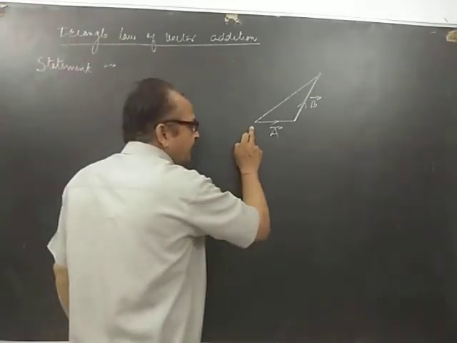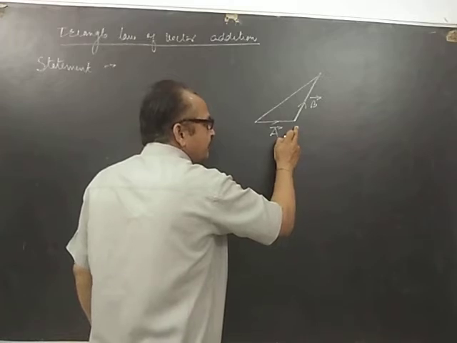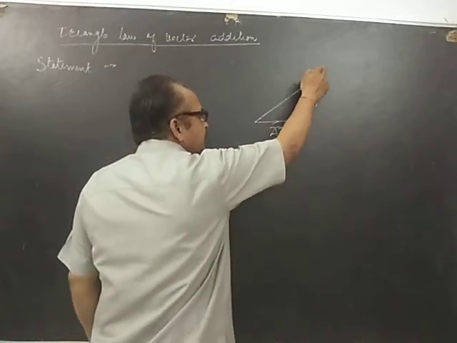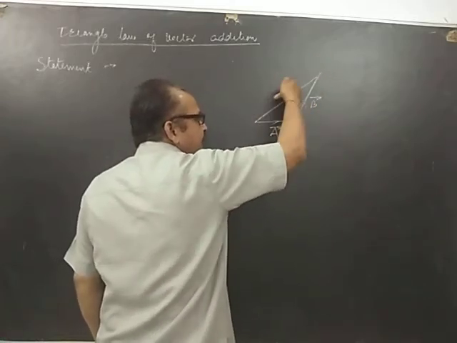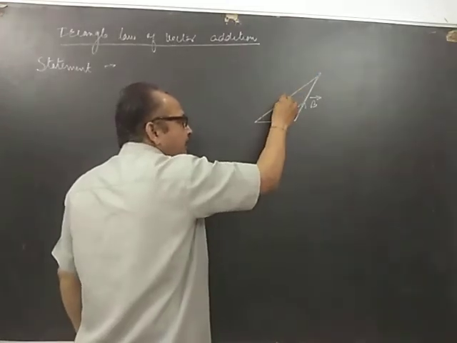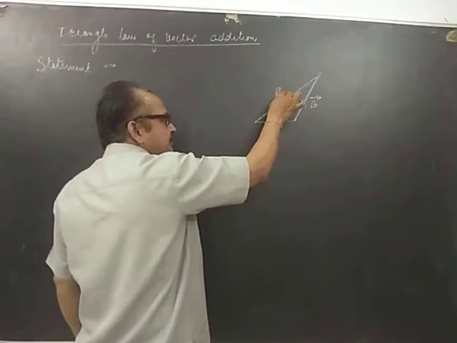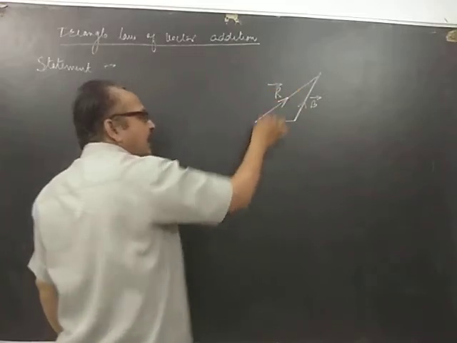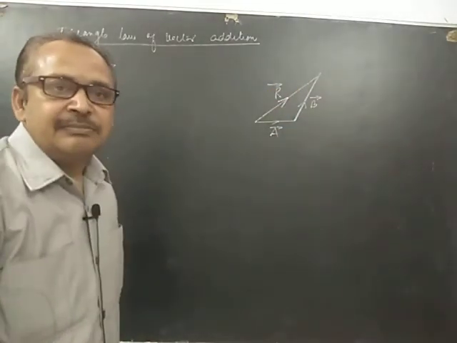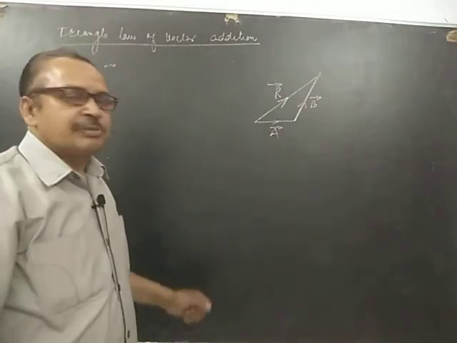That means if vector A is moving along this, vector B is moving along this, the resultant will not be in this direction, the resultant will be moving in the opposite direction like this. Am I clear? Is the statement clear to you?